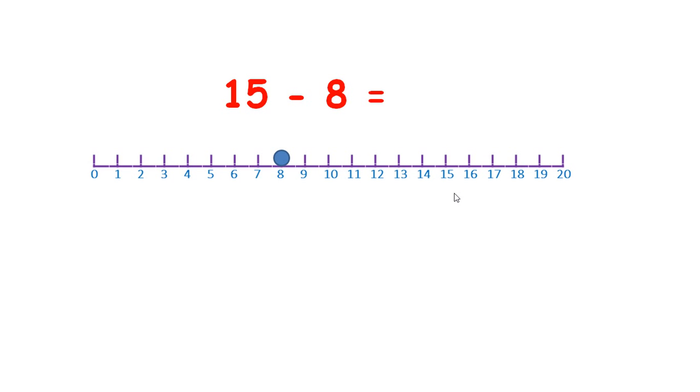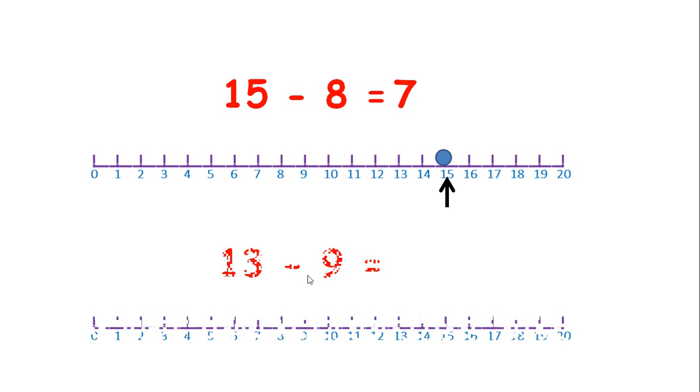We're going to stop at 15 because that's the larger number in our question. So let's count the number of jumps. 1, 2, 3, 4, 5, 6, 7. So we needed 7 jumps, so 15 subtract 8 equals 7.